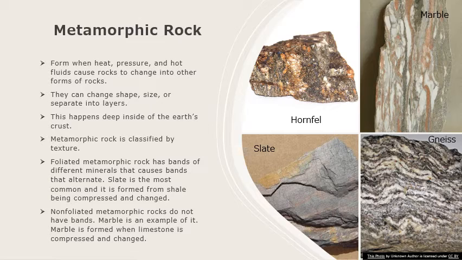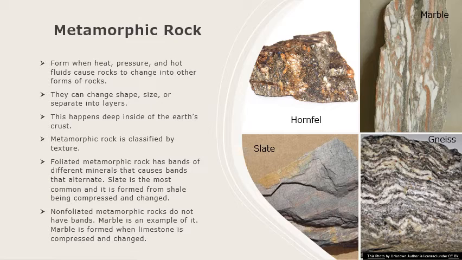So the next thing we have, the third type of rock we're going to talk about, is metamorphic rock. Metamorphic rock forms when heat and pressure and hot fluids cause the rocks to change into other rocks. So rocks change. They change because they break off, they change because they get compressed, they change because they get heated.